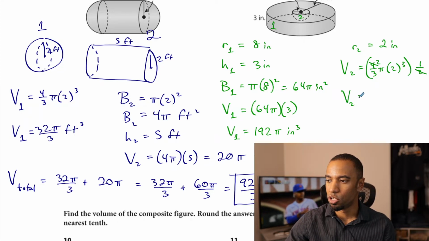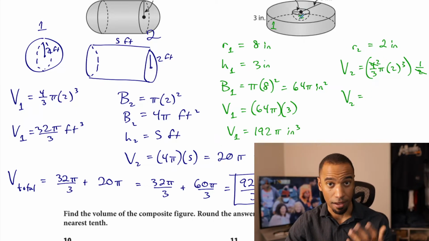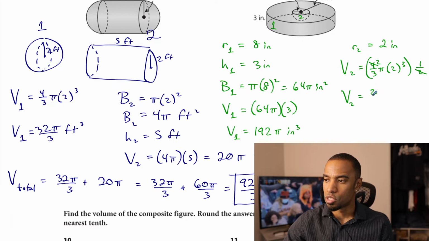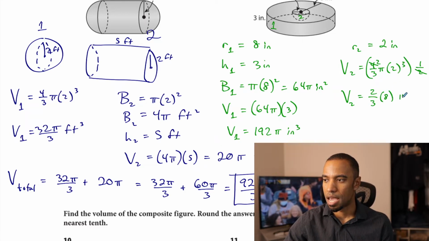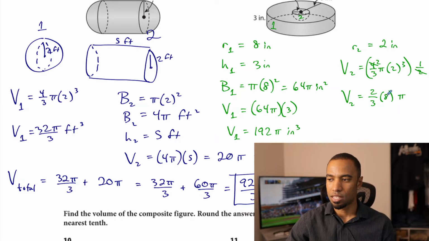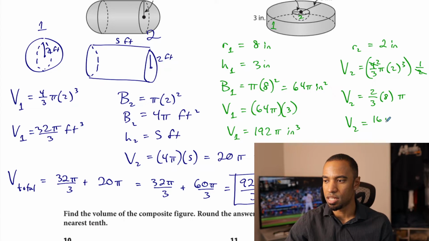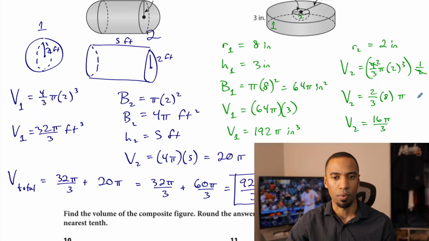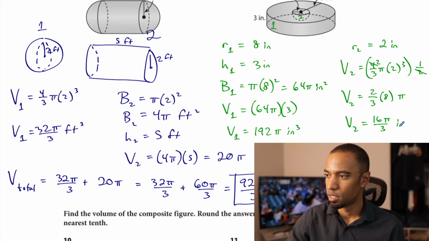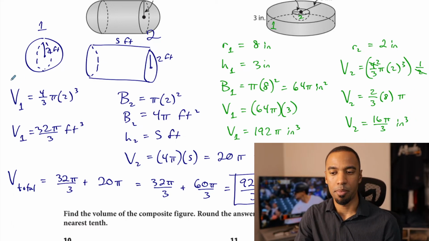So the hemisphere part's taken care of. This is 2/3 times 2 cubed, which is 8, times pi. 8 can't divide by 3, but 2 times 8 is 16. So we are going to get 16 pi over 3 cubic inches. That's the volume of the hemisphere.